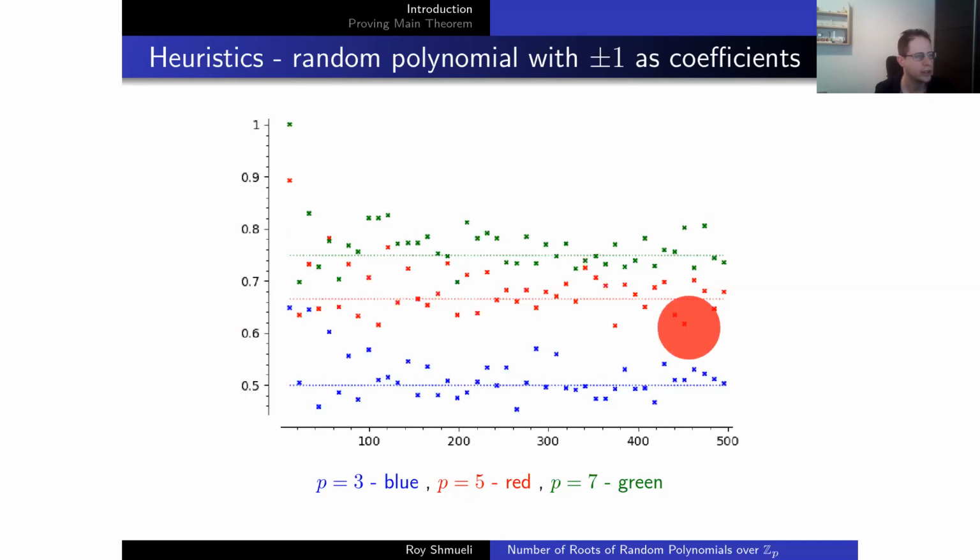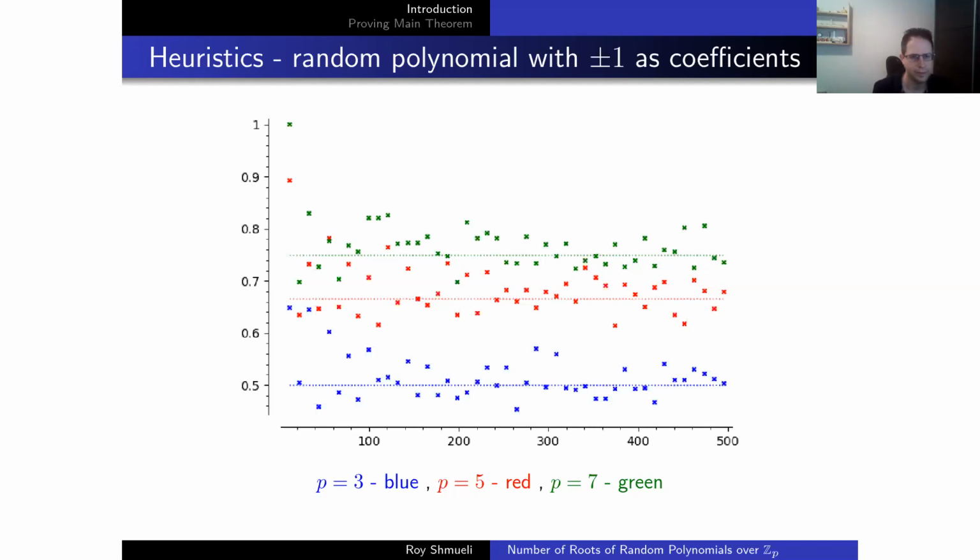Each dot here is 1,000 polynomials chosen randomly with a computer, and you see here the average number of roots, and the dotted line is what my result says the limit should be.